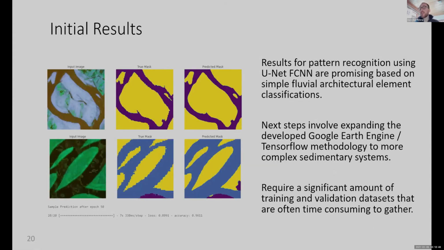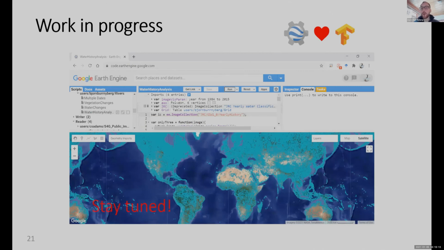The initial results are very promising. So here we have the initial input images, here we have the true mask, what we classify as true, and here we have the prediction of those architectural elements. We started with fluvial systems, and the plan is to expand that to more complex sedimentary systems in the future. That's a work in progress, so stay tuned.